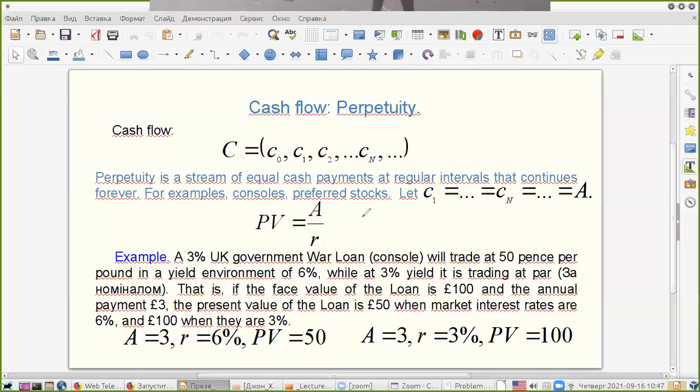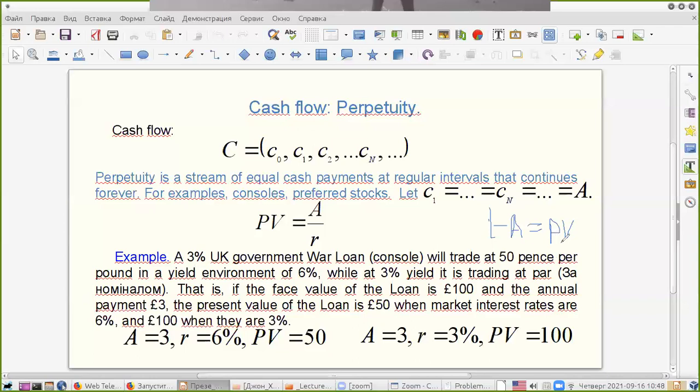For this we can find the next equation. The present value we have at the beginning of the year, and at the end of the year we have the present value multiplied by 1 plus r, and we need to subtract A because it is our payment at the end of each year, and the result is the present value.